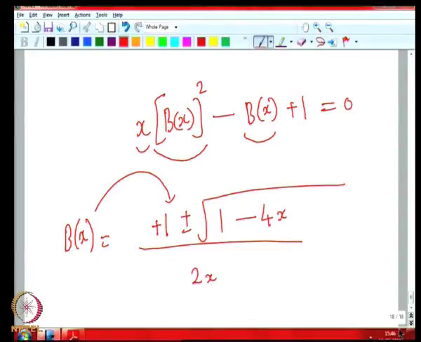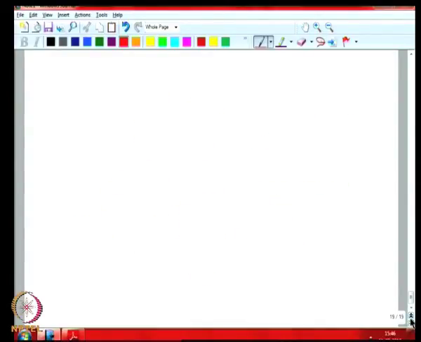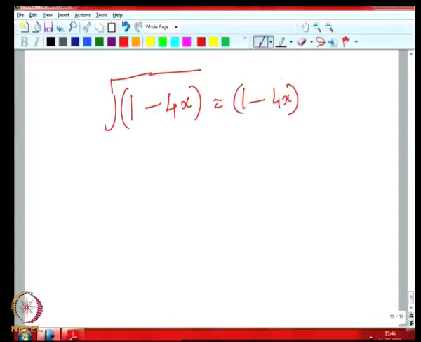So before deciding whether it should be plus or minus here, let us see what this stuff is, the square root of 1 minus 4x. We know how to deal with this: 1 minus 4x raised to half.